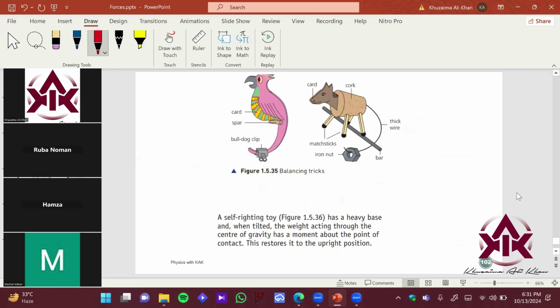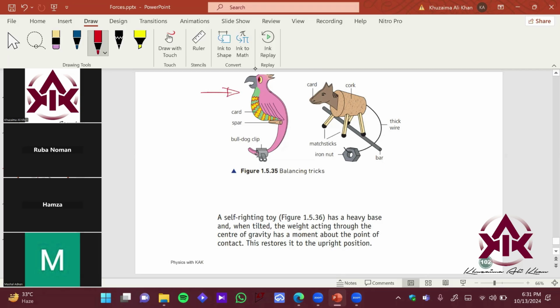So now, similarly, you might have seen these toys also, right? You might have these toys, your cousins playing with it, or your little sisters, brothers playing with these toys, right? So what do they have? If I just explain this parrot over here, this parrot is basically made up of wood, and it has a very long tail, right?